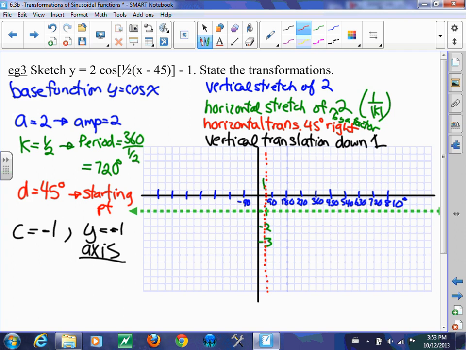So I'm going to start at 1 up here, which means in 720 degrees, I'm going to also be there as well, okay? So I need to go 720, so I just have to be 1 past it. So I've got to also be right here again.